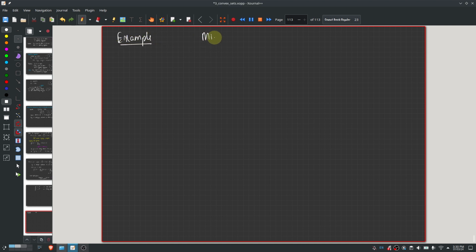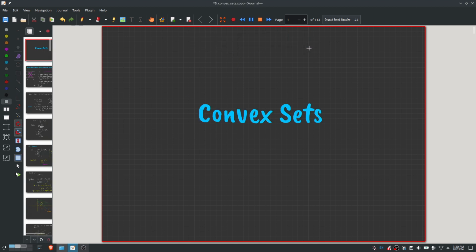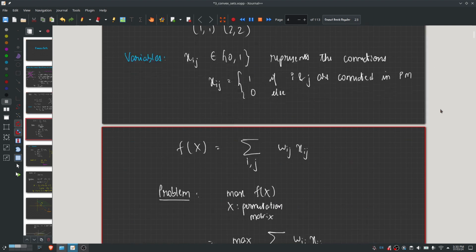Let's say I want to minimize x1 plus x2 such that, or let me take a more general, let's first take a general linear optimization problem.